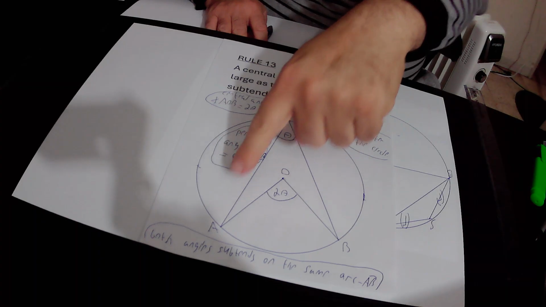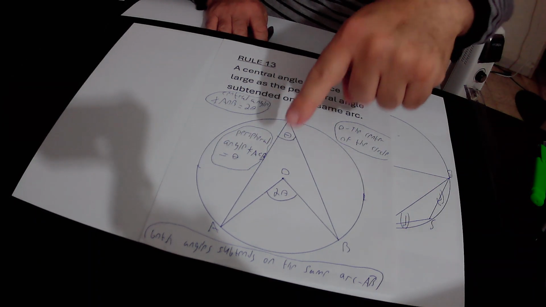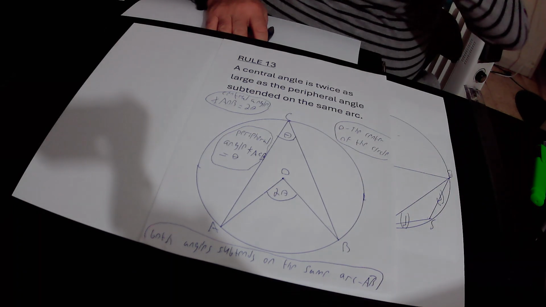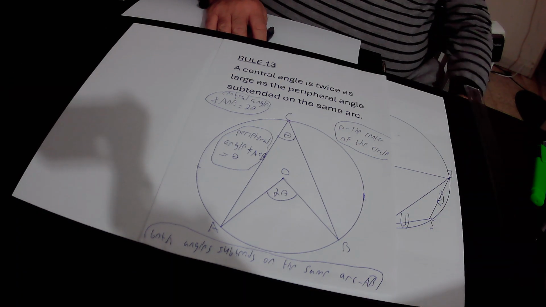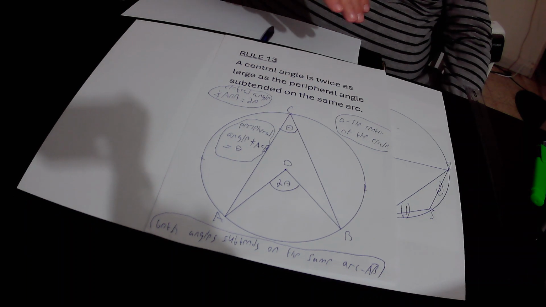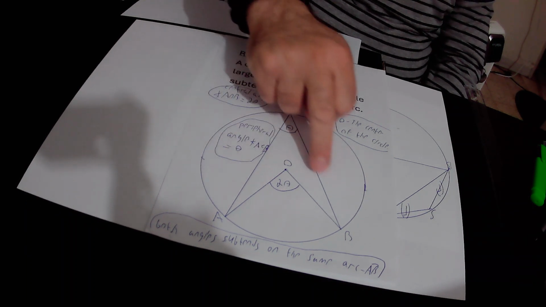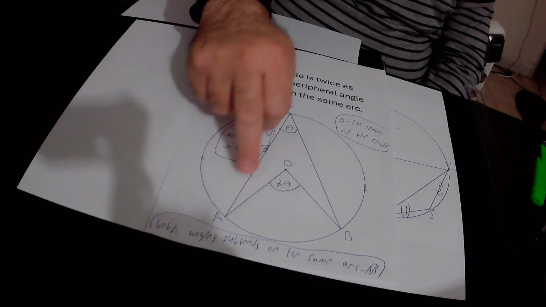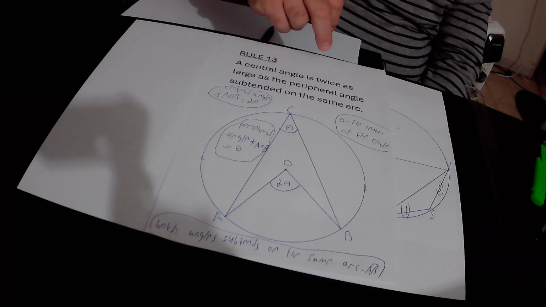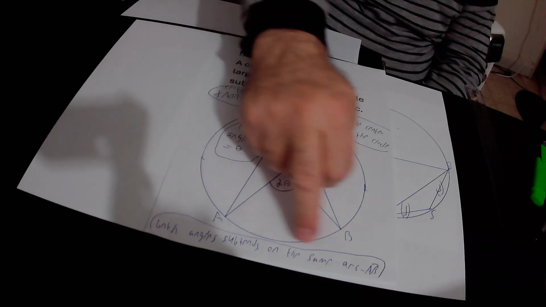Again, this peripheral angle ACB is subtended on arc AB. And we have another angle, the central angle AOB. This central angle AOB is also subtended on the same arc AB.